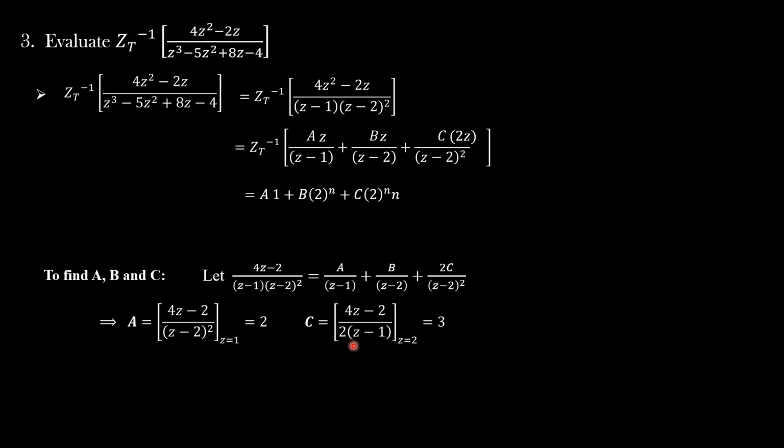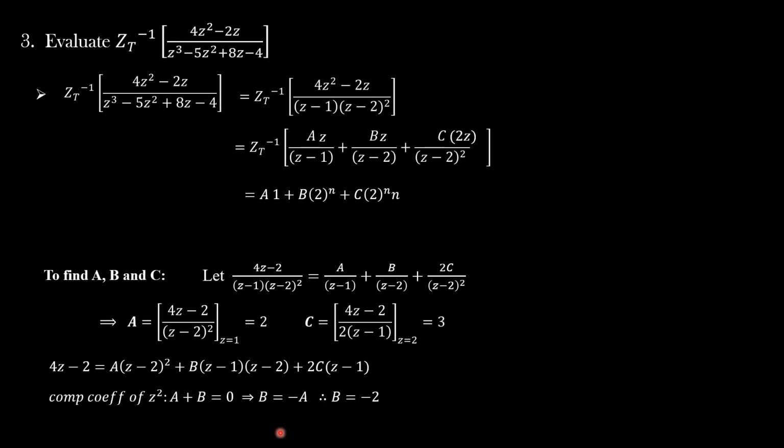Similarly, c is (4z - 2)/(2(z - 1)), and by substituting z = 2, you will get c = 3. Also, 4z - 2 = a(z - 2)² + b(z - 1)(z - 2) + 2c(z - 1).